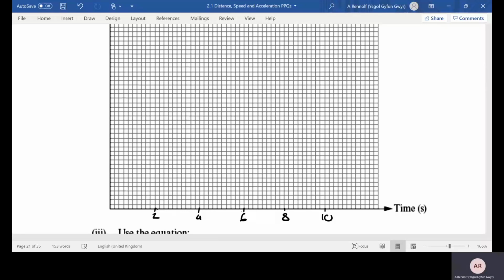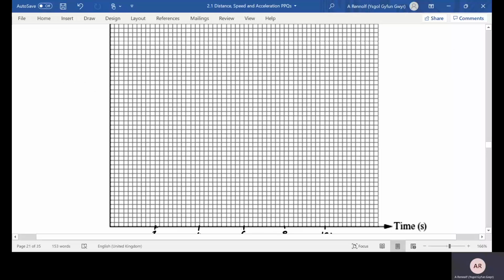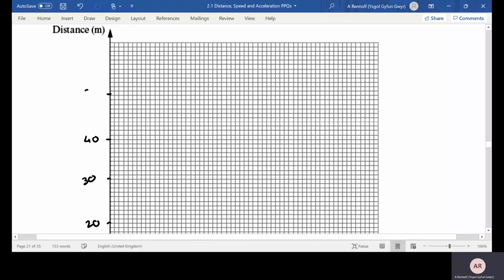And then our distance, well, we're going up to 50 meters, so we want to be going up in 10s for this to fit the graph. Again, I'm going to guess roughly where they are because I can't really count them on the laptop screen. 20, 30, 40, 50.